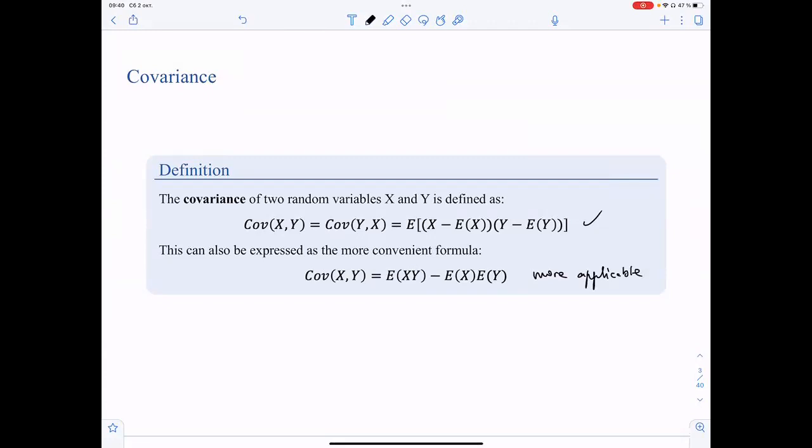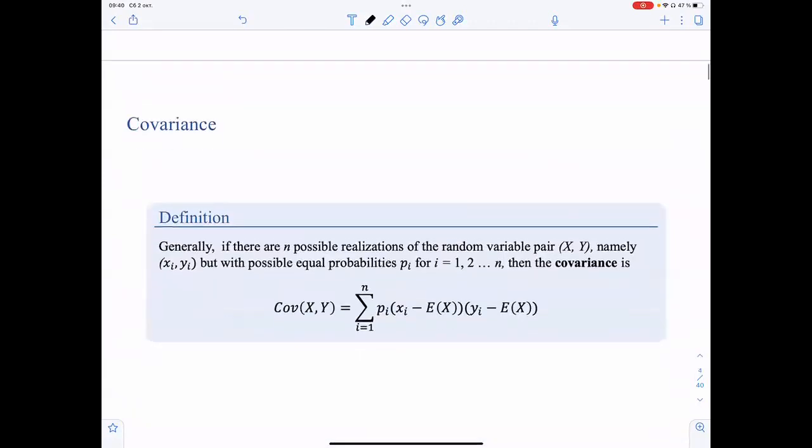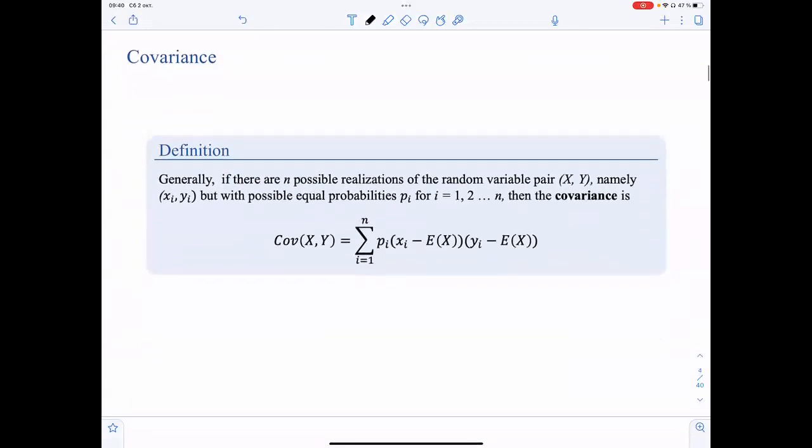We have discussed that, given that we are speaking about discrete random variables, the expectation of something is transformed into a sum weighted by the probabilities.